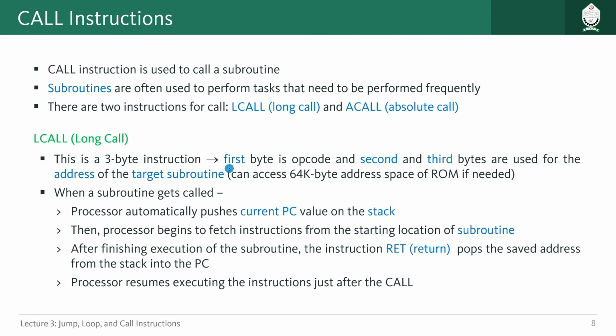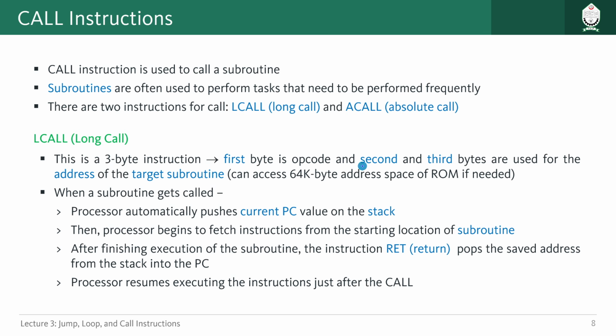Now here you see the first byte is the opcode, and second and third bytes are used for the address of the target subroutine. So you have to actually get to that particular location, for our case which is 300H location, right? So you have to somehow give the address to your command of that target subroutine, the starting location of the target subroutine.